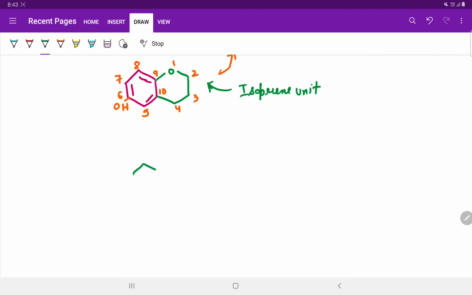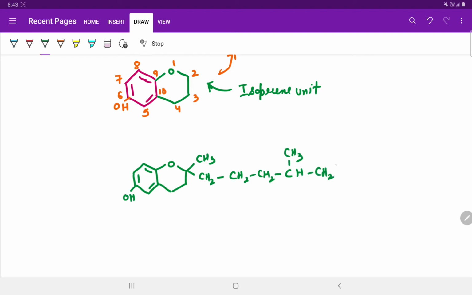First of all, let us draw a tocol ring here. This is the basic tocol ring we were talking about. This is common in all types of tocopherols. Now comes into play the side chain, which will be the isoprene unit. You can see this is the common isoprene unit that is being attached.